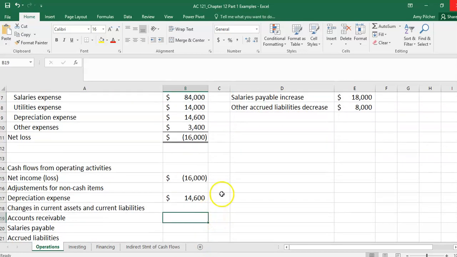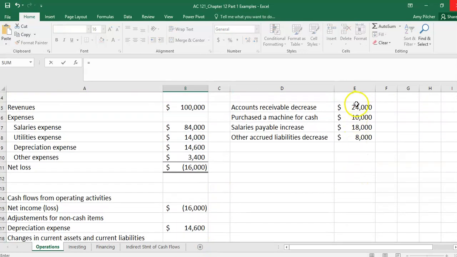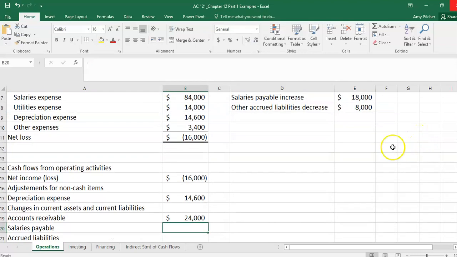So we are going to add in that decrease. If it had been an increase in accounts receivable, we would subtract it. There is a handy chart in your PowerPoint slides that I discussed in the lecture. There are a couple of those PowerPoint slides that will be really good references to keep for when you're working on your homework.